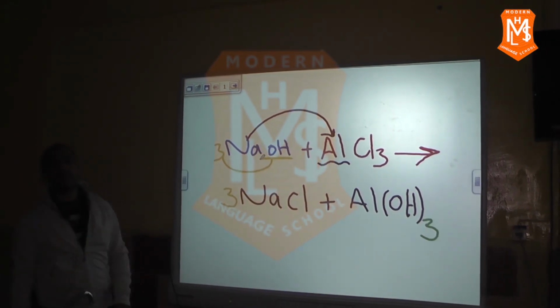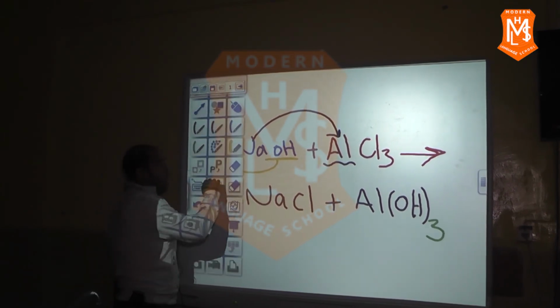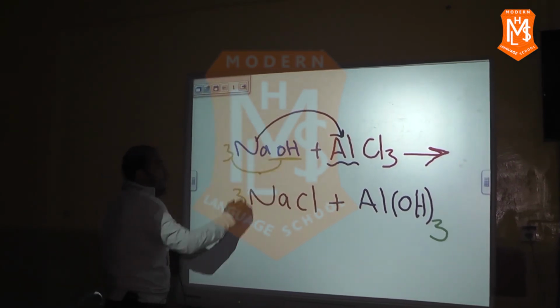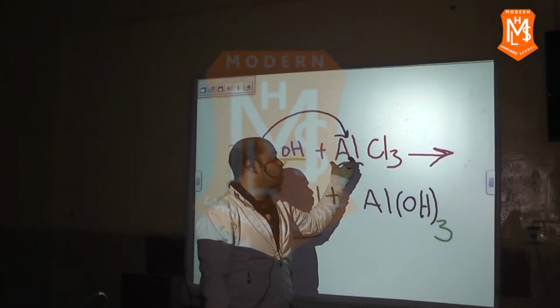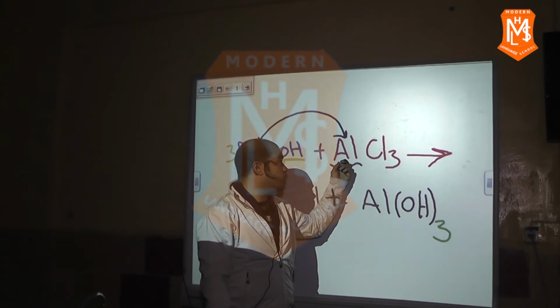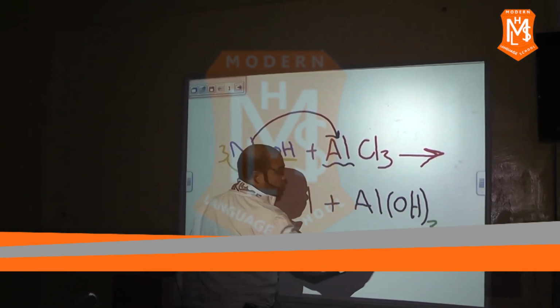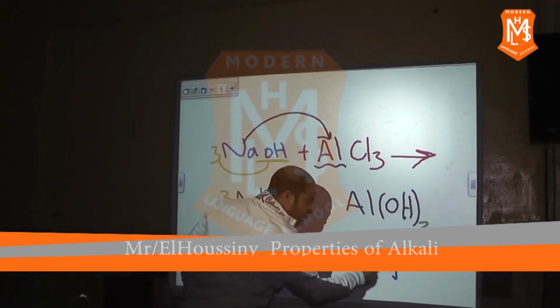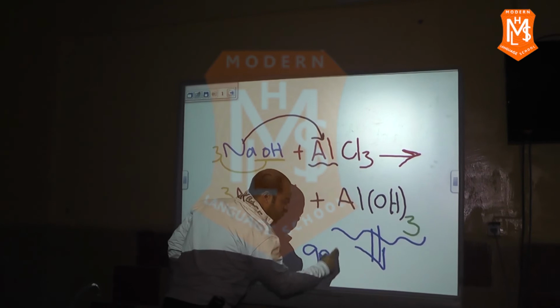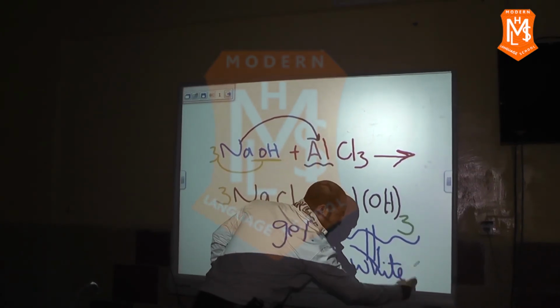So now it is a balanced chemical equation. As we said before, on adding a strong base or strong alkali to salts which contain aluminium III, we will note precipitation of a gelatinous white precipitate.